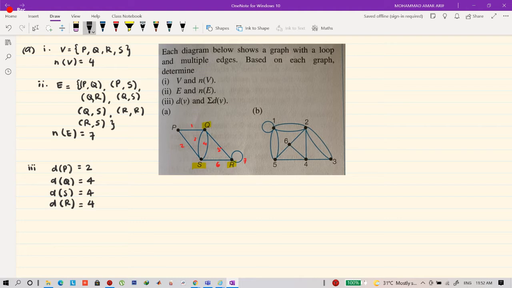Kenapa? So untuk loop dia consider sebagai 2 perjalanan, 2 jalan. So pergi daripada kiri, pergi daripada kanan. Lepas tu Q pergi ke R, lepas tu S pergi ke R.